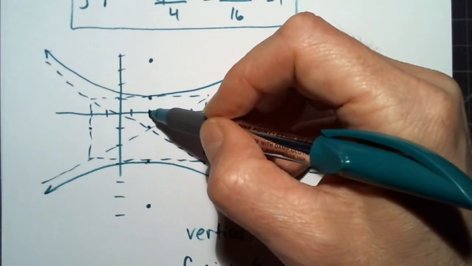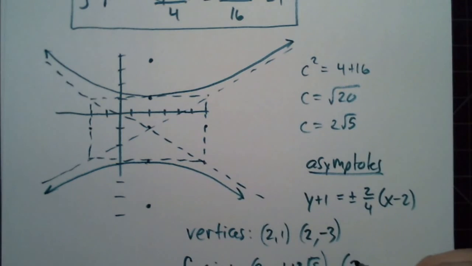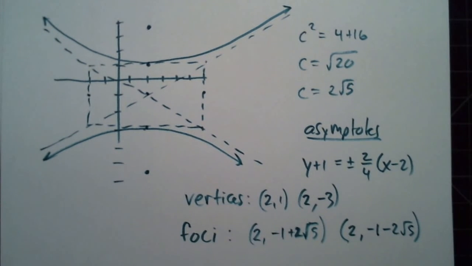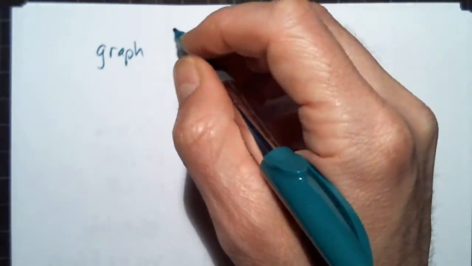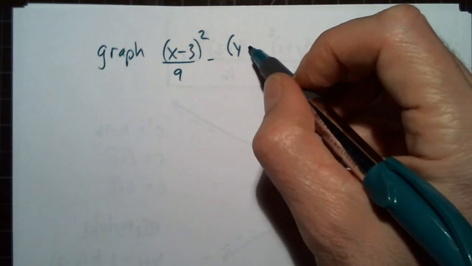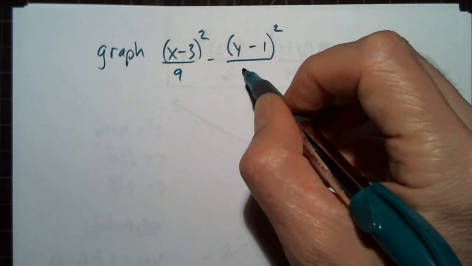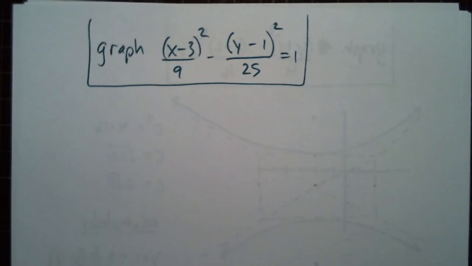Because we go to 2, negative 1, and then up 2 radical 5, and then we go down 2 radical 5, over to 2, to negative 1 minus 2 radical 5. Pause the video and try that one.